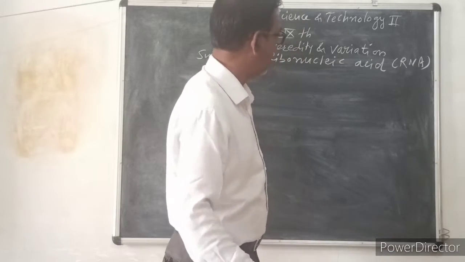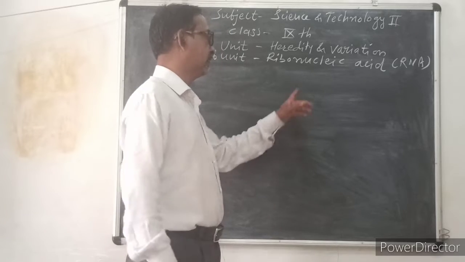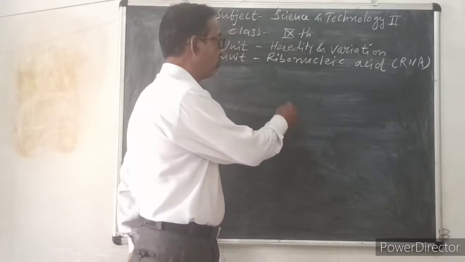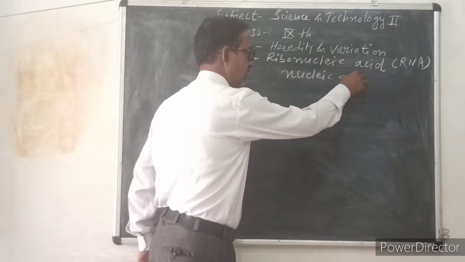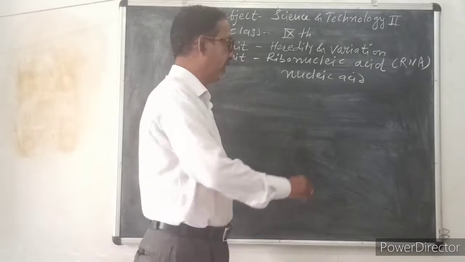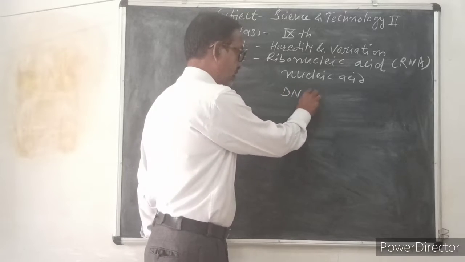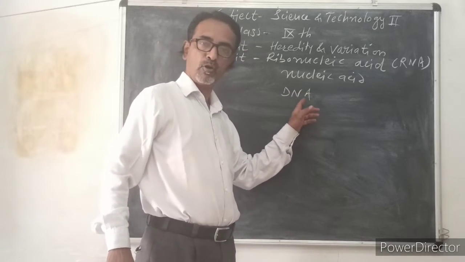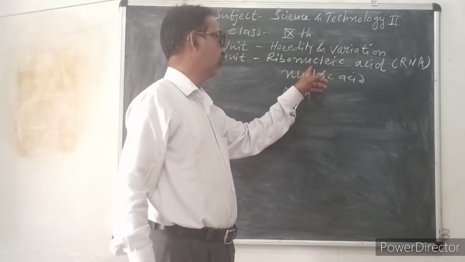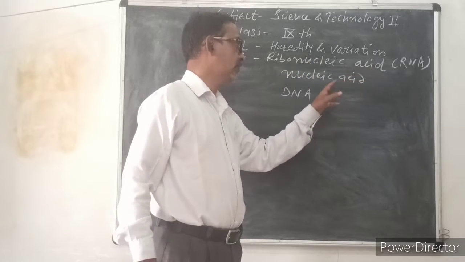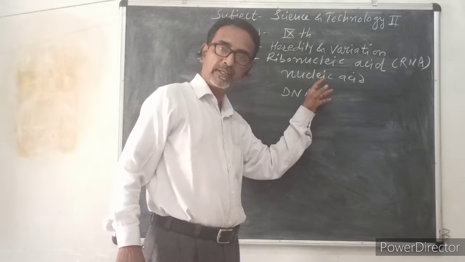Now this ribonucleic acid is the second type of nucleic acid after DNA. DNA is the master molecule we have seen yesterday, and after that the second type of molecule is ribonucleic acid.